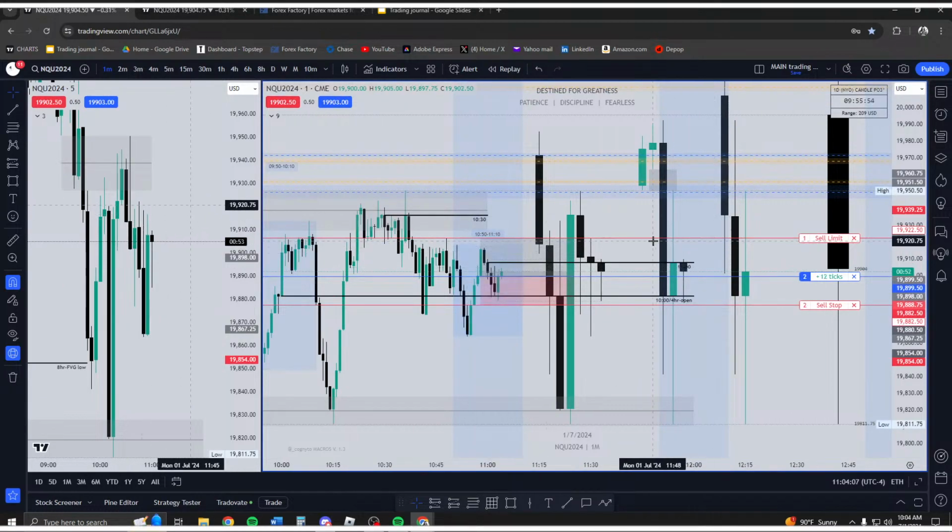So I do want to see us take out that 15-minute high. Once we take out that 15-minute high, if we do, stop loss will be moved to break even.